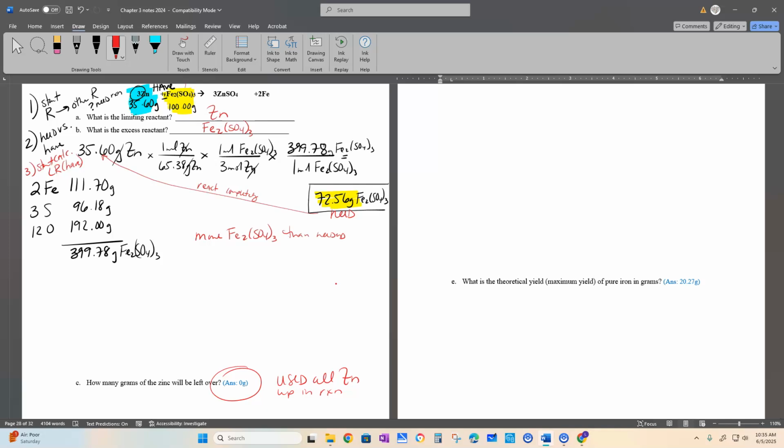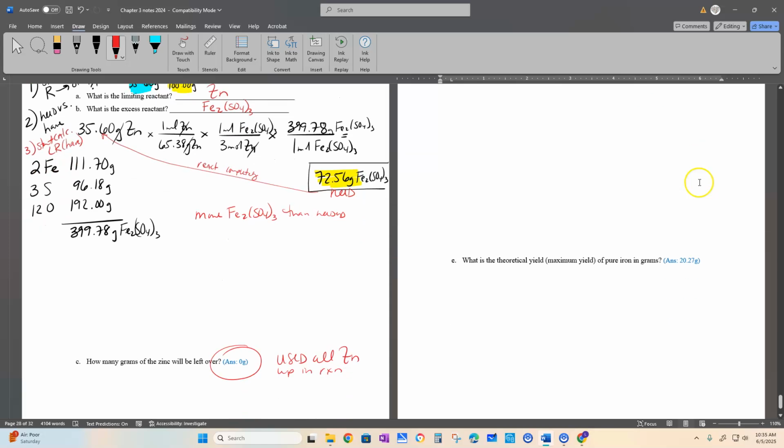If it would have asked me how many of this iron sulfate would I have left over, well, then I'd have to do a calculation. So that's why you see 0 grams. So used all the zinc up in the reaction since it is the limiting reagent. And AP knows what LR means.